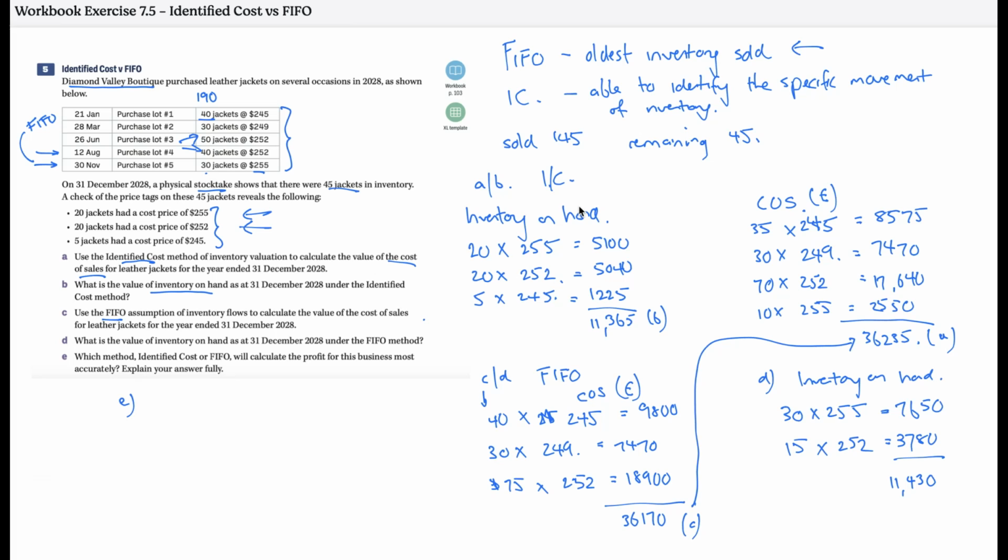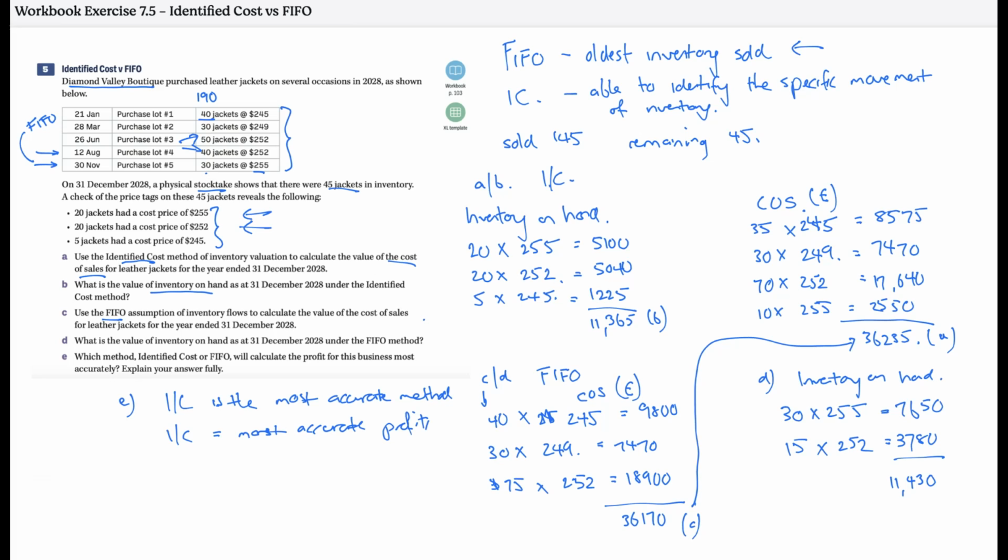Now, firstly, we recognize that identified cost is the most accurate method. So identified cost equals the most accurate profit.